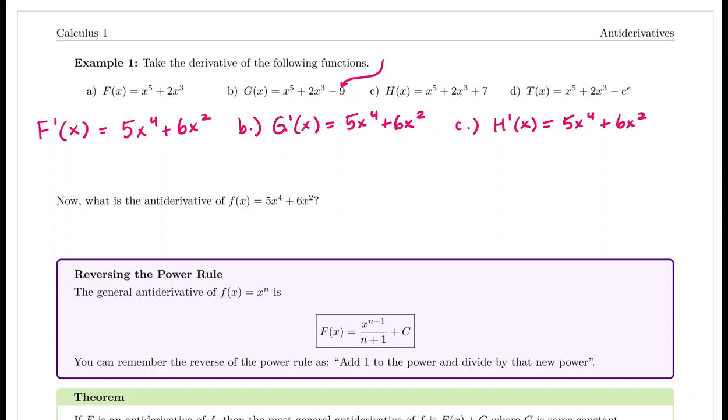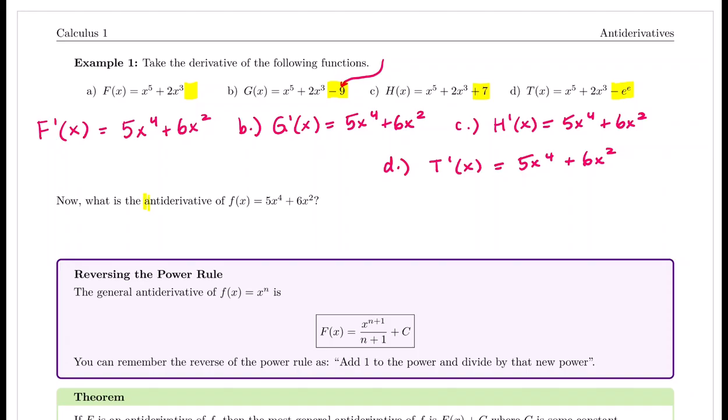Hopefully you're starting to see a pattern here. So in part D, capital T prime of x is equal to 5x to the 4th power plus 6x squared. I'd like to highlight, notice that here we could think about there being a constant of plus 0, minus 9, plus 7, minus e to the power of e. These are all giving the same derivative function.